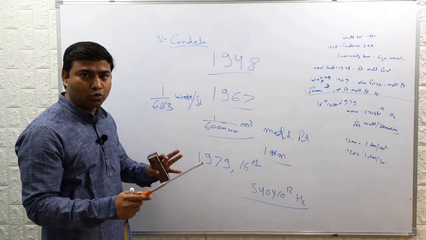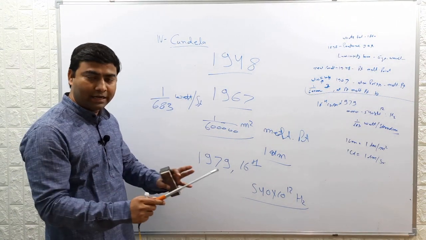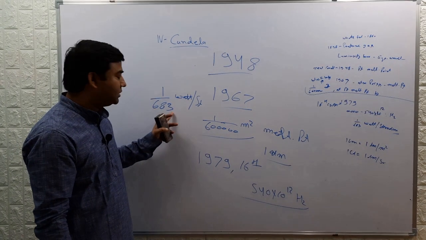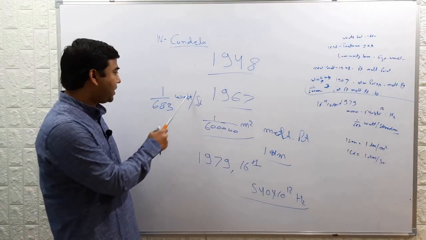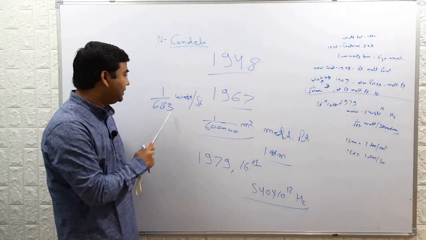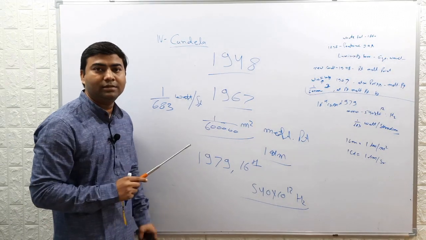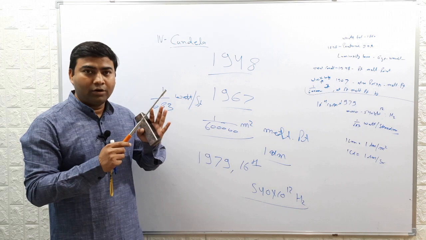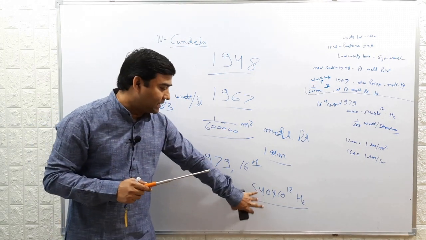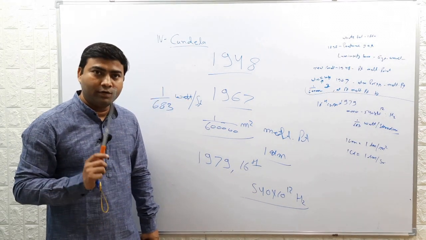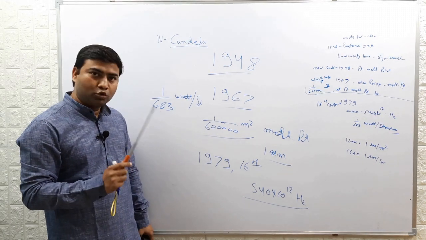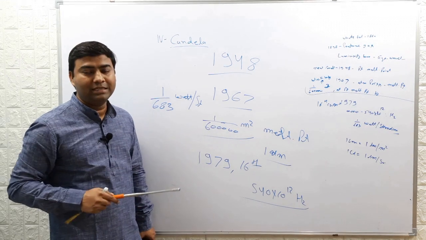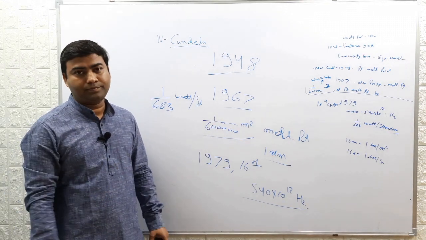When the power of the source which is emitting monochromatic light is 1 by 683 watt per steradian, that is the power of the source. So 1 candela is nothing but the luminous intensity for the most sensitive monochromatic radiation of our eyes for a source having this watt power in unit solid angle.